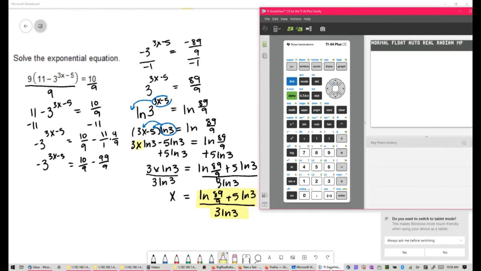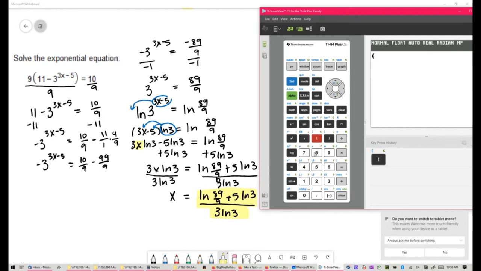So I brought my calculator up here to type this in the calculator. And as I said, I chose this method of taking the log of both sides because I've got natural log on my home screen. So to type this in the calculator, we need to make sure that we put parentheses around the whole numerator so that your calculator knows which expression goes in the numerator and which goes in the denominator.